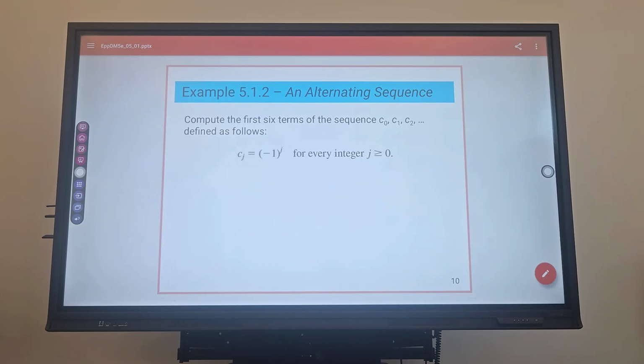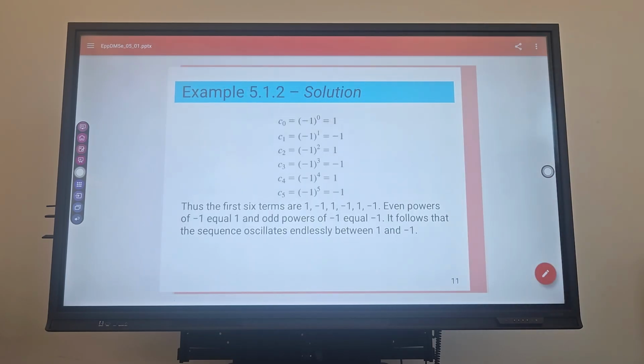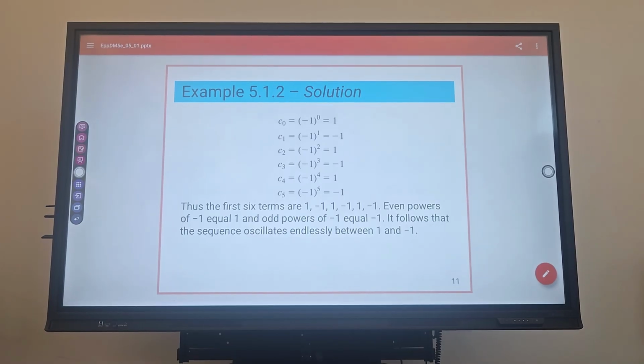Minus 1 to the second power would be 1. And you can see that it would be oscillating back and forth between minus 1 and 1. Even powers of minus 1 equal 1, and odd powers of minus 1 equal minus 1. It follows that the sequence oscillates endlessly between 1 and minus 1.